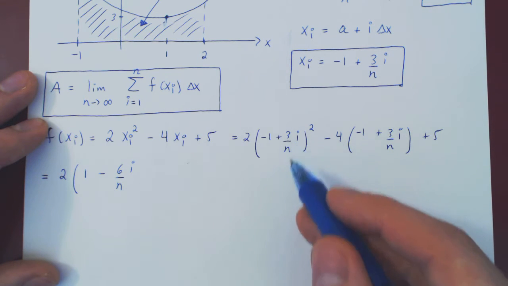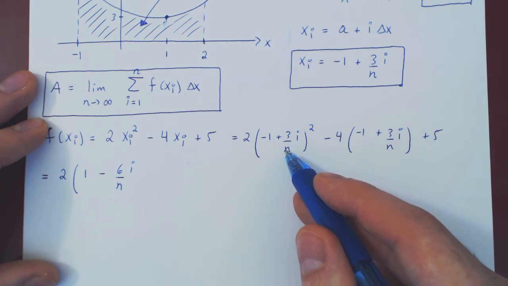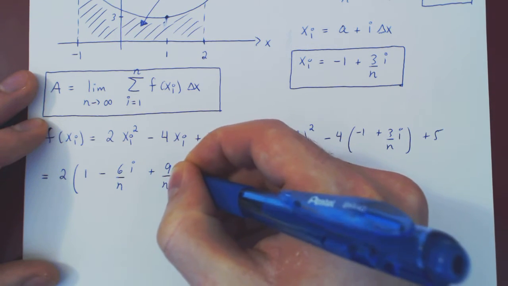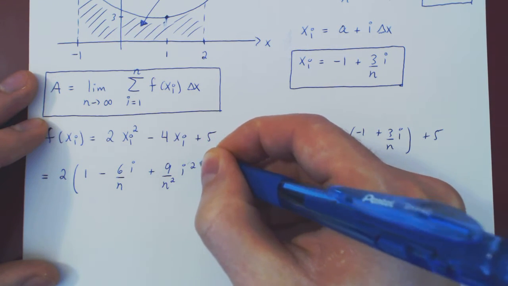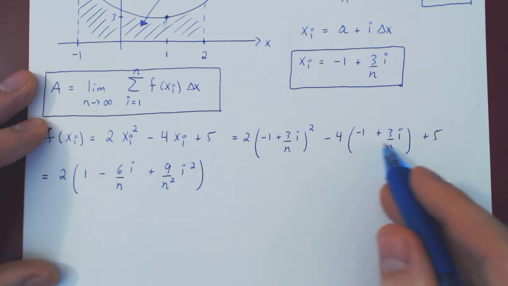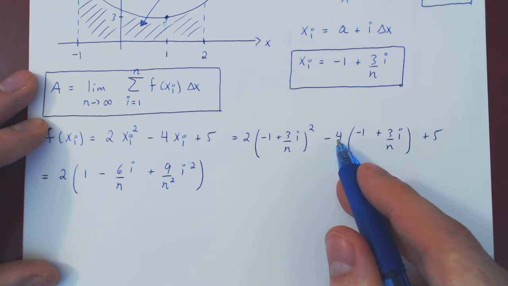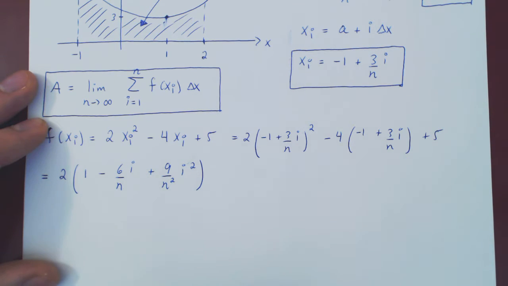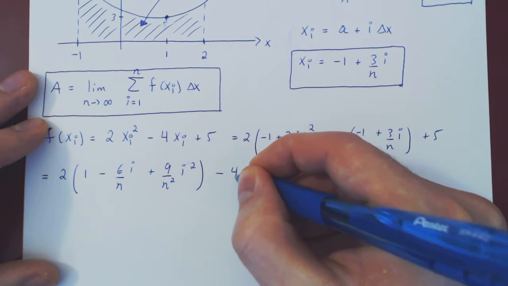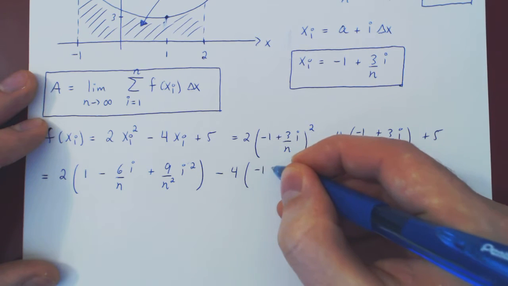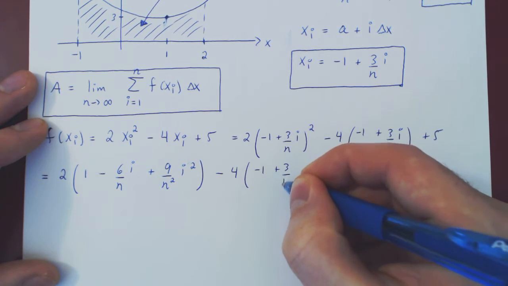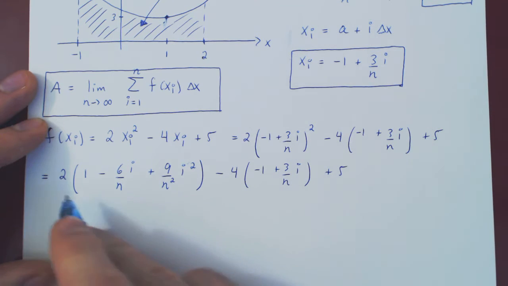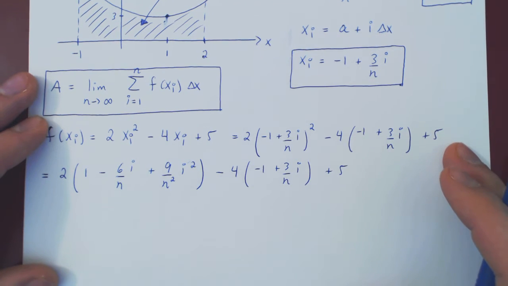Positive 3 over n times i times itself, 9 over n squared, i squared. Negative 4 times this. I'll leave it like this for now, then we'll multiply out. So minus 4 times negative 1 plus 3 over n i, plus 5. Now we'll expand and regroup similar powers of i.